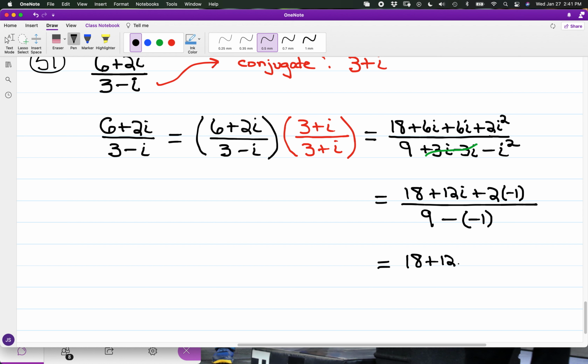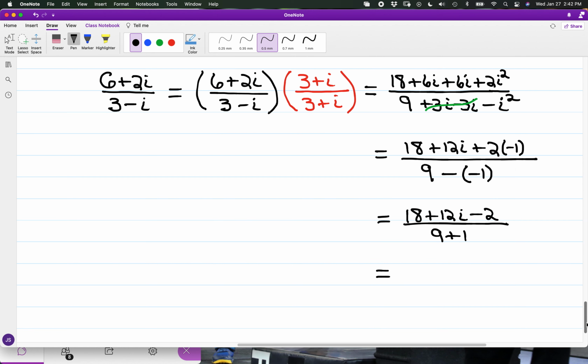And here we have 18 plus 12i minus 2, all over 9 plus 1, or you can go ahead and write that as 10.